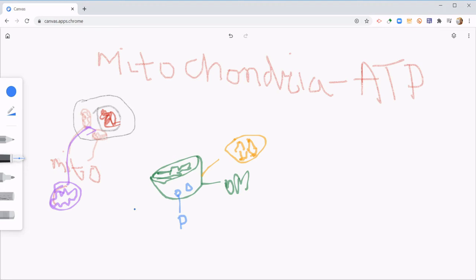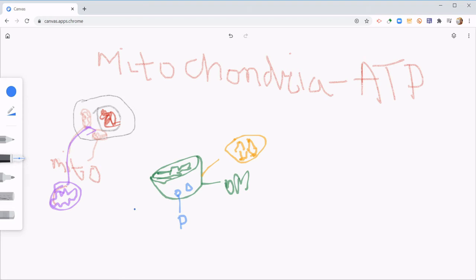Now, just as I've said, this outer membrane is not the only membrane in mitochondria, it has an inner membrane. This inner membrane has certain folds where the process of the electron transport chain, or ETC, takes place. Okay.